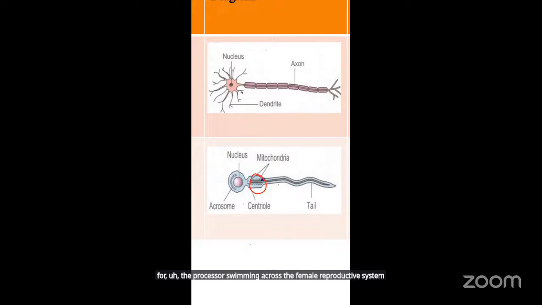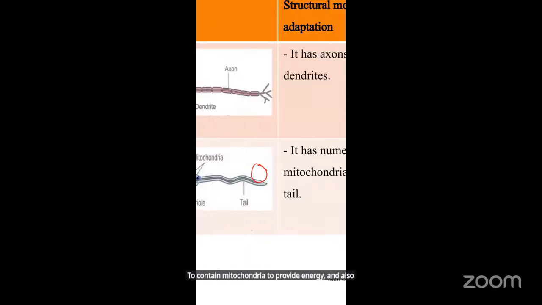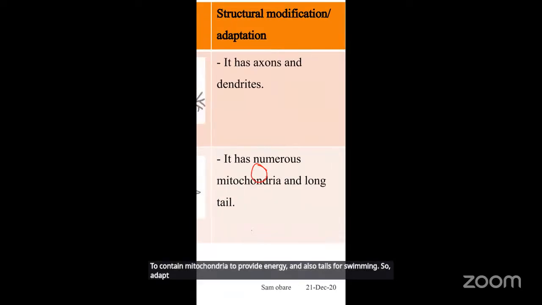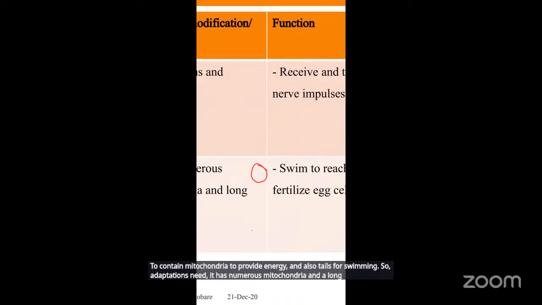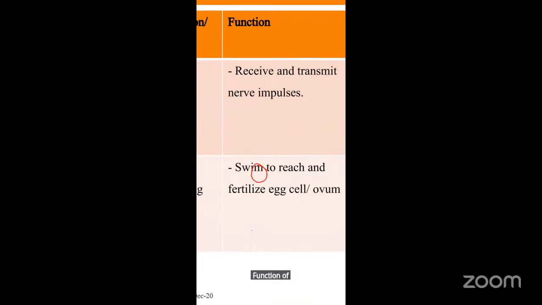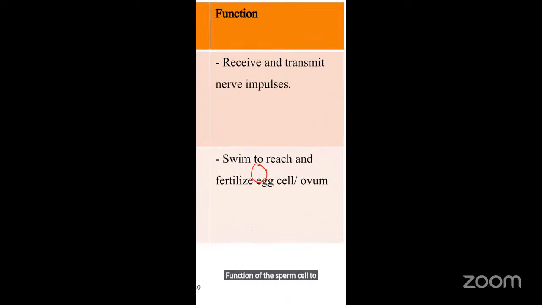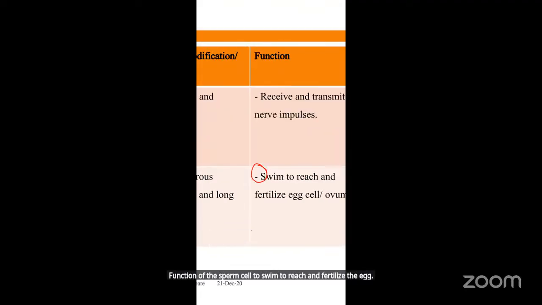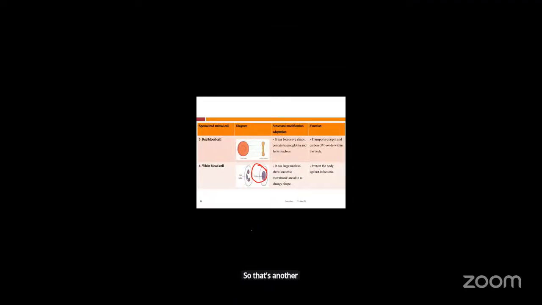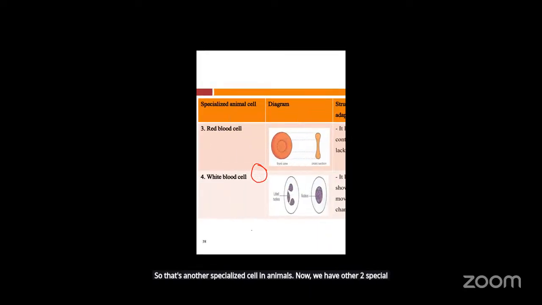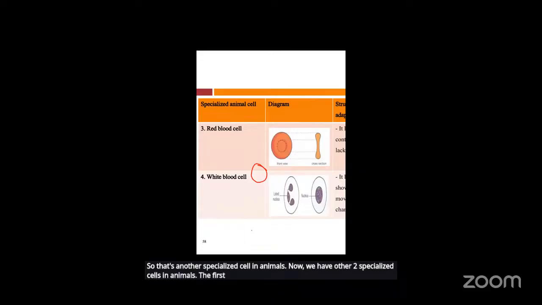So the sperm has been modified to contain mitochondria to provide energy, and also a tail for swimming. Function of the sperm cell: to swim, to reach and fertilize the egg. So that's another specialized cell in animals. Now we have two other specialized cells in animals. The first one is a red blood cell.